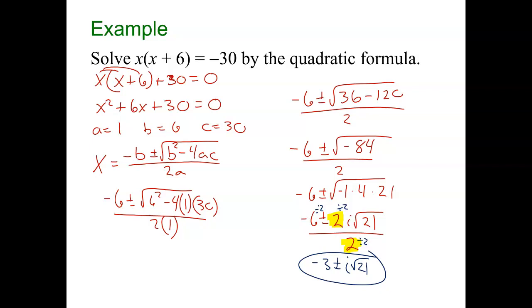However, completing the square is something that we're going to be using more in chapter 11 because there's a lot of information that we get by completing the square, that we use specifically with graphs of quadratics. So we need to be able to complete the square so that we can do graphs of quadratics. If I'm just caring about the solution, then quadratic formula is fine.